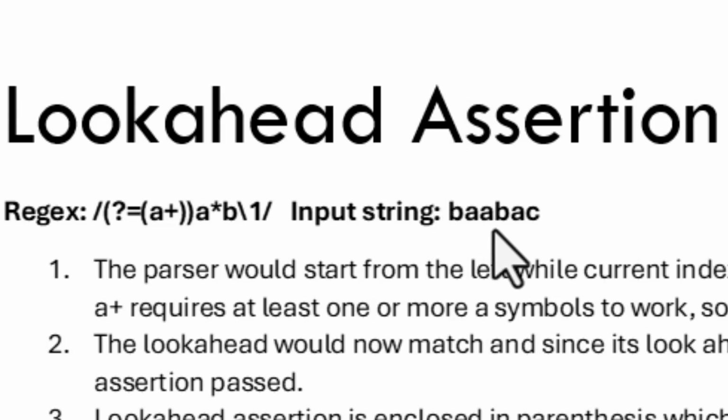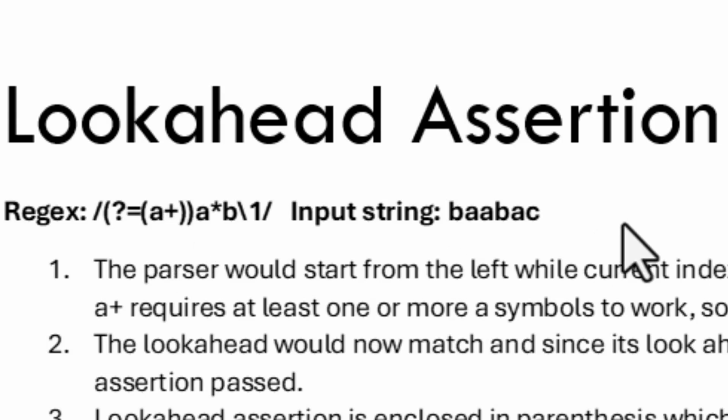Now the parser would move to index 2 and try to evaluate. Remember the most important point, the evaluation starts afresh at index 2 for the entire regular expression including the lookahead. So the lookahead assertion and captured group value would be re-evaluated.